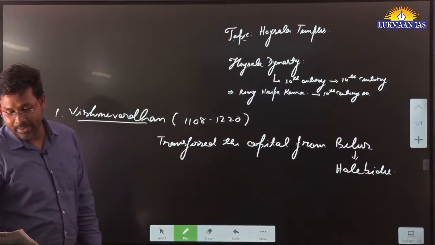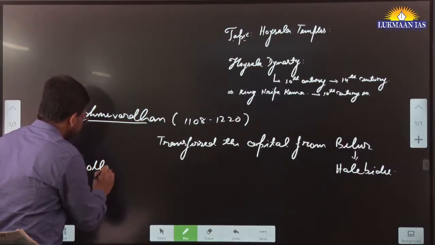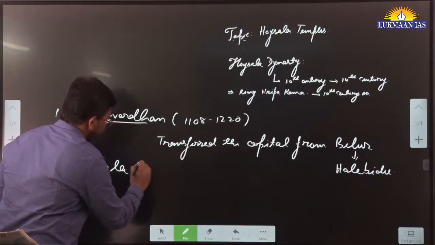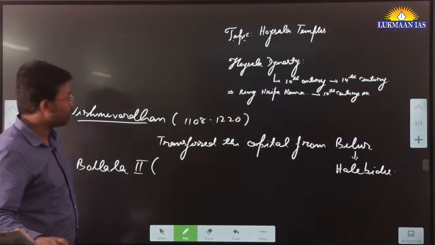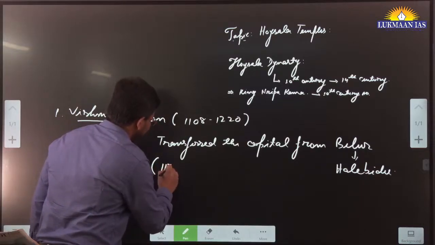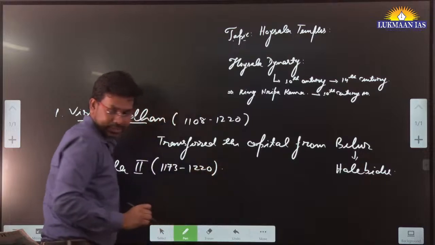Apart from this, we have Bolala II. The name of the king is Bolala II, and he ruled from 1173 to 1220 in different parts of this dynasty.